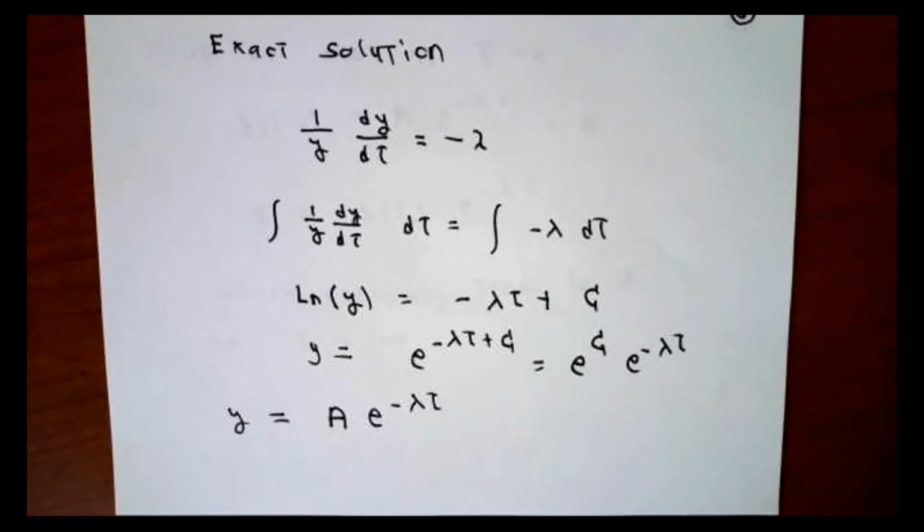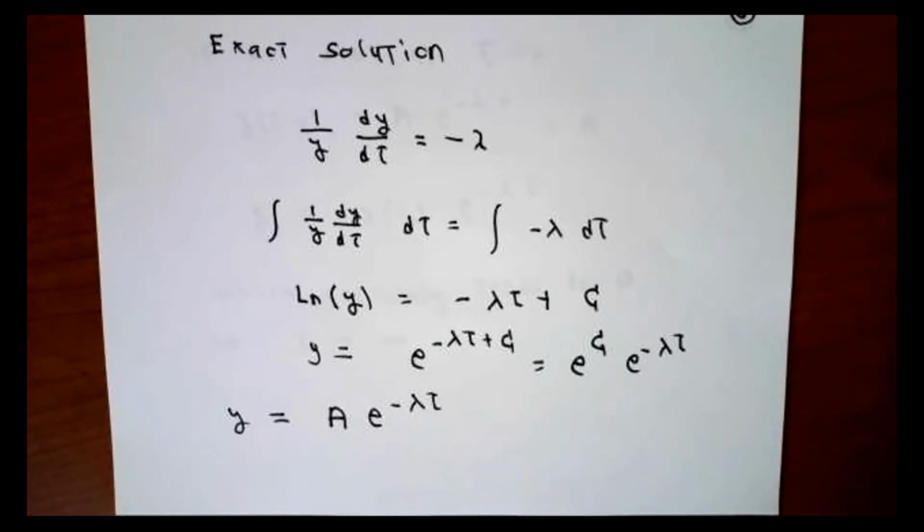The exact solution of this test problem is easy to find. Rewrite the equation as 1 over y times the derivative of y equals negative lambda, and then integrate both sides with respect to t.